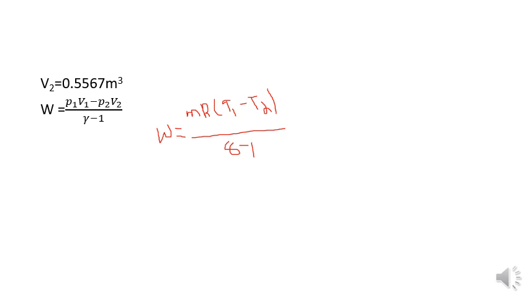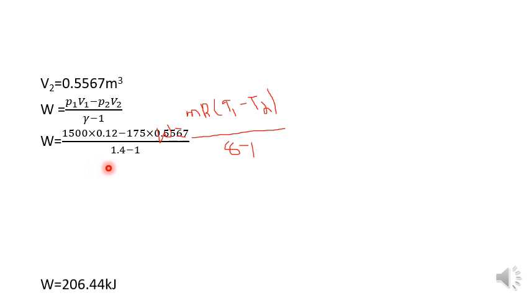The R value can be found by using Cp minus Cv. T1 you know, T2 calculated, gamma 1.4 minus 1. Here I am using the equation P1 V1 minus P2 V2 by gamma minus 1. So with the P1 value, V1 value, P2 V2 and 1.4 minus 1, we will get 206.44 kilojoules. So the work done during the adiabatic expansion is 206.44 kilojoules.